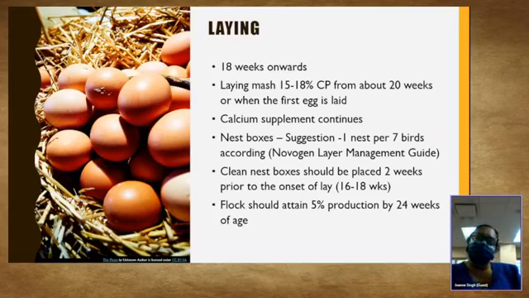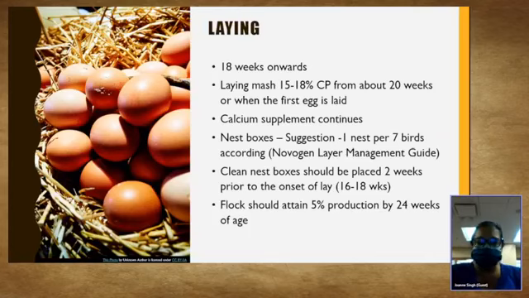So at 18 to 20 weeks, around there, your first egg, you might probably see it by then. So your feed now is going to be a 15 to 18% crude protein, and your calcium is also going to be continued, because this is the point at which calcium is being depleted a lot from these birds, and you need to supplement it back into the feed in order to carry out your production continuously, right?